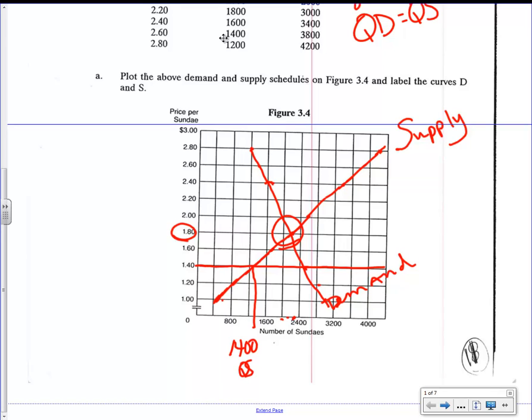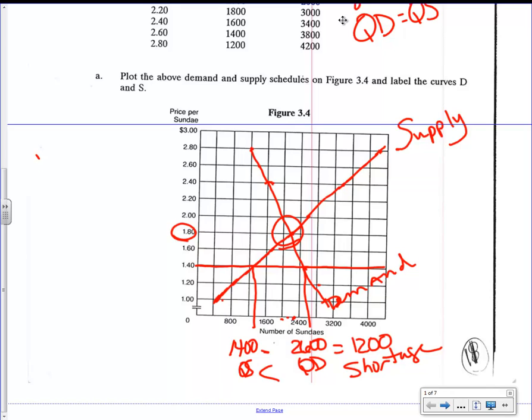And when we touch this, we have 2,600 quantity demanded. So now when we subtract those two, once again we have a 1,200 difference. Quantity supplied is less than quantity demanded. So we have a shortage of how many sundaes we have if we charge $1.40.